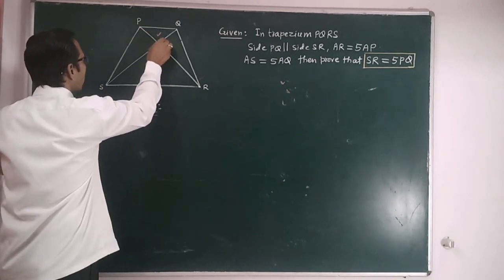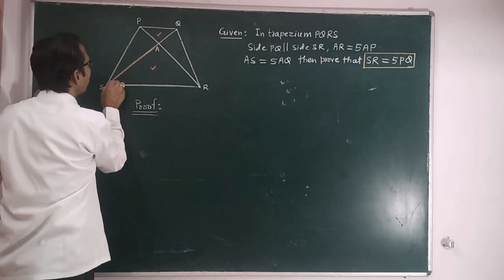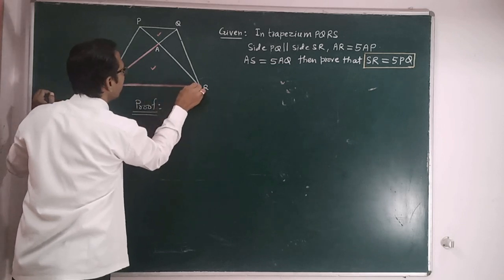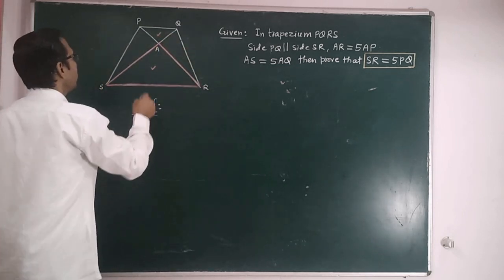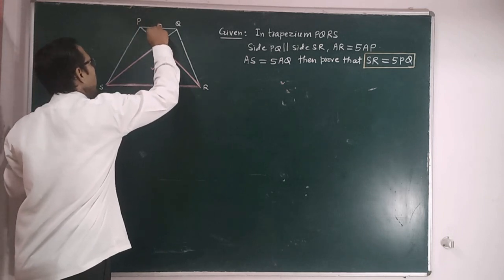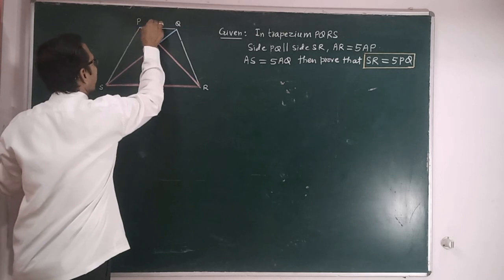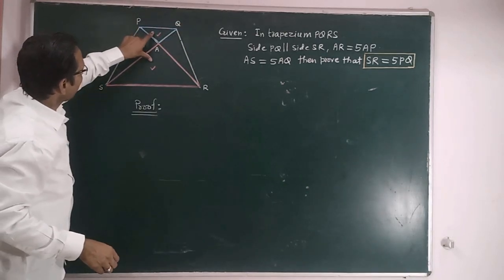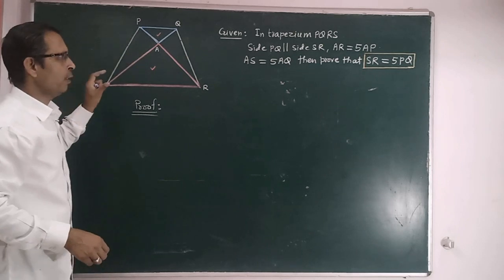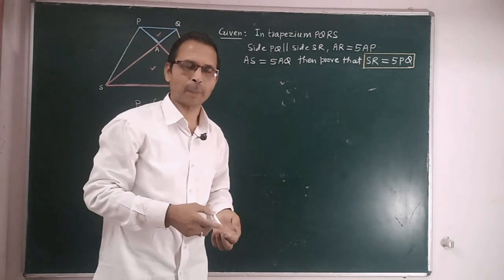The first triangle is ASR, and the second triangle is PAQ. Now these two triangles we have to select here, and first show that these two triangles are similar.